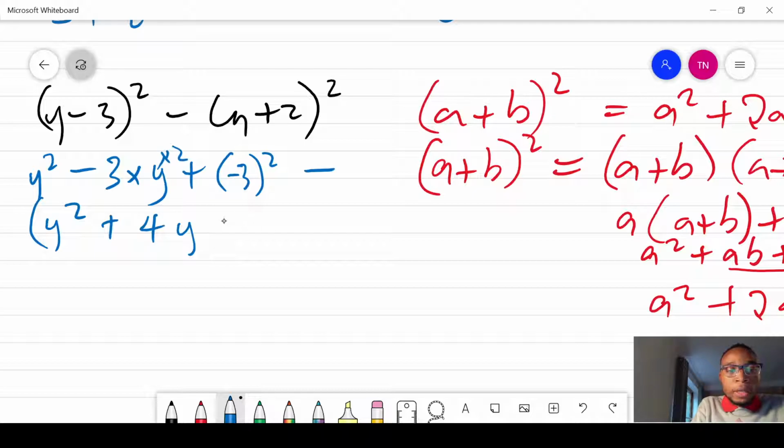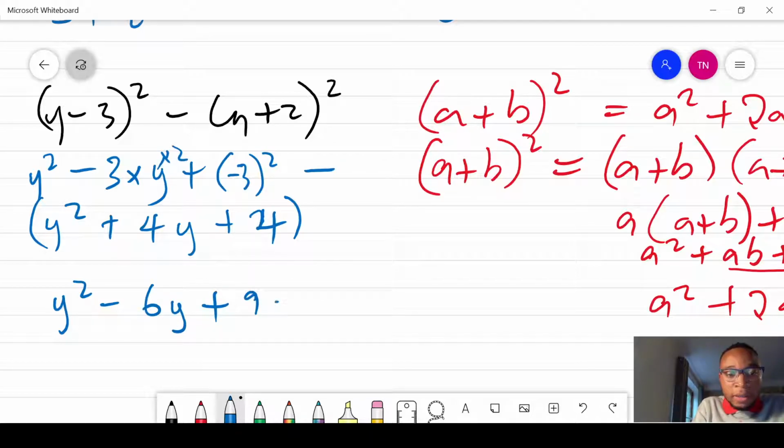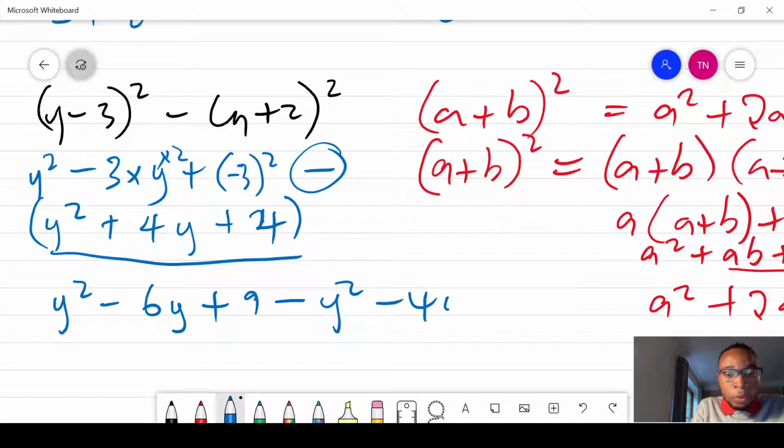Yeah, then we are going to be having just 4 on the other side, which is 2 squared, and this becomes y squared minus 6y plus 9 minus, everything in here is going to be multiplied by this negative here. So it becomes minus y squared minus 4y minus 4.